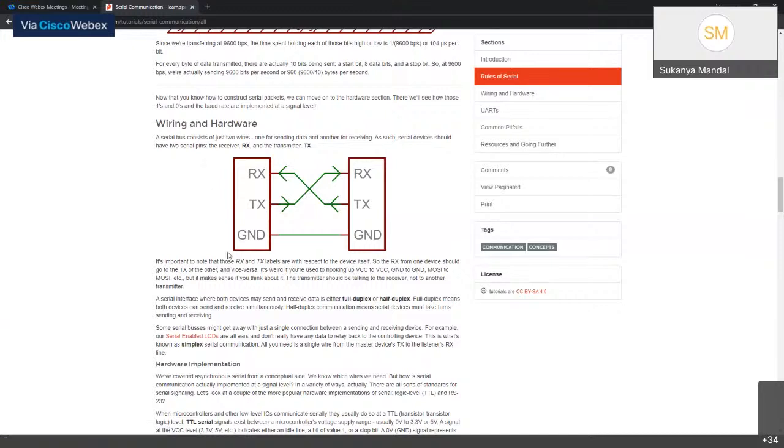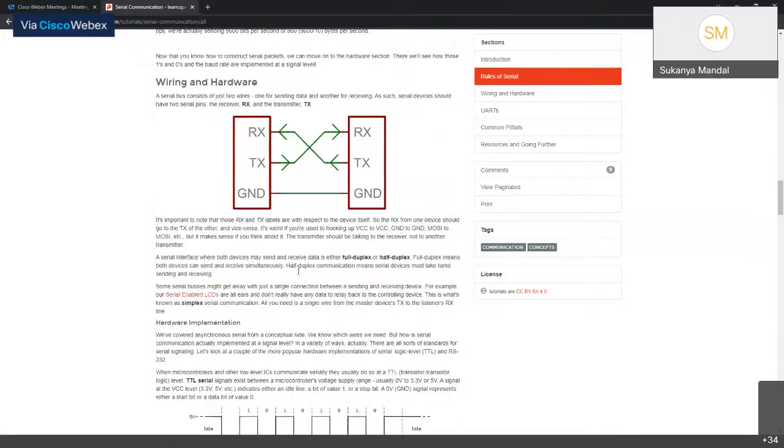Let's say on the left hand side we have board 1, and on the right hand side we have board 2. So you connect the transmitter of board 1 with the receiver of board 2, and vice versa, so that serial communication could work and the data is received and transmitted properly.